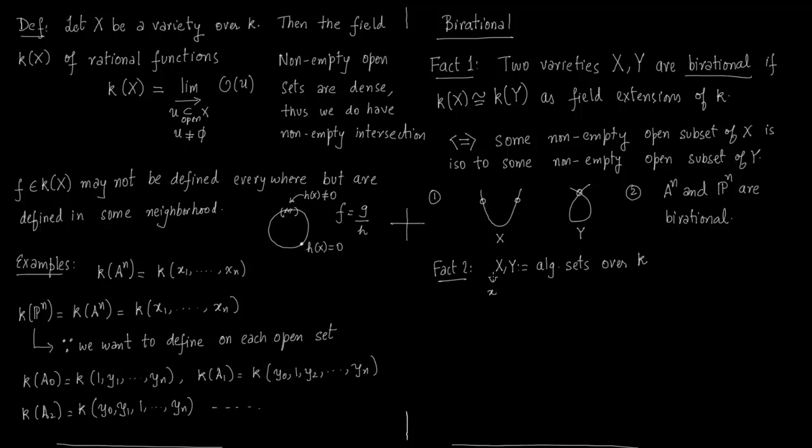You fix a point x in X and y in Y. Yeah, then these K-algebras O_{X,x} and O_{Y,y} are isomorphic if some small neighborhood of x is iso to some small neighborhood of y. So basically two rings are isomorphic if the neighborhoods are precisely the same.